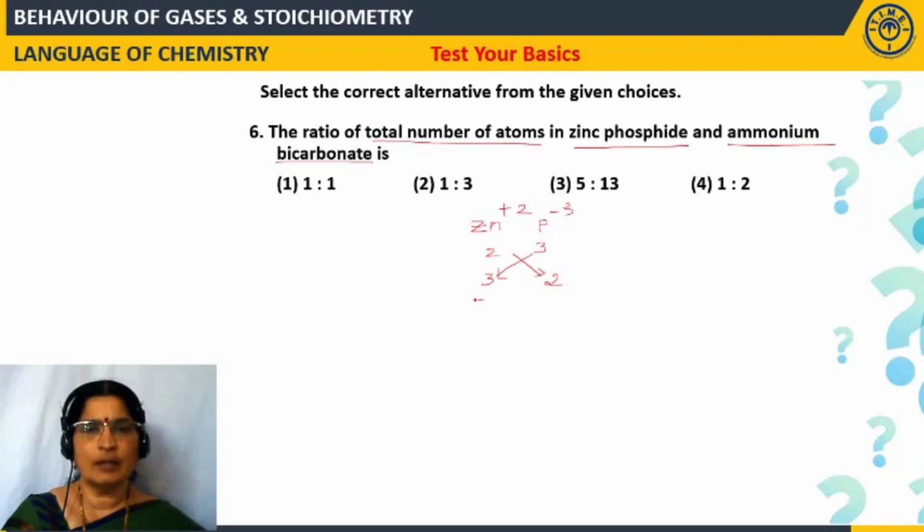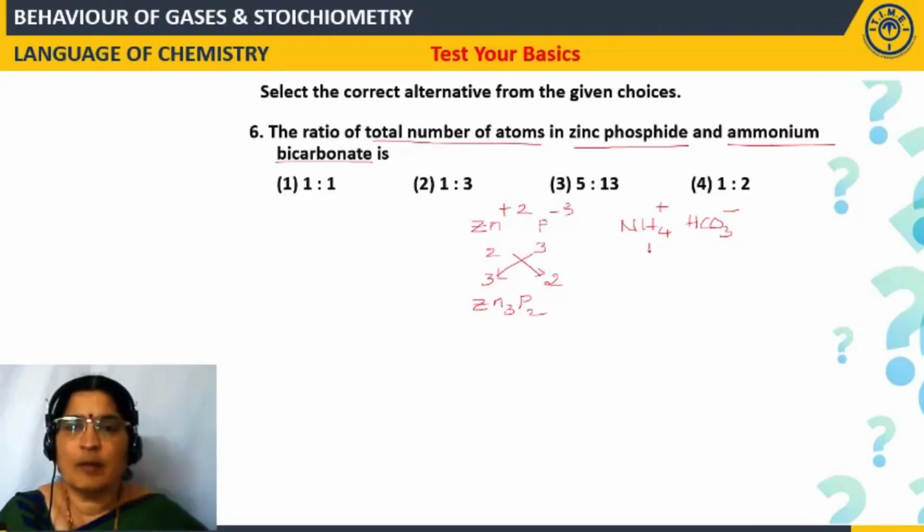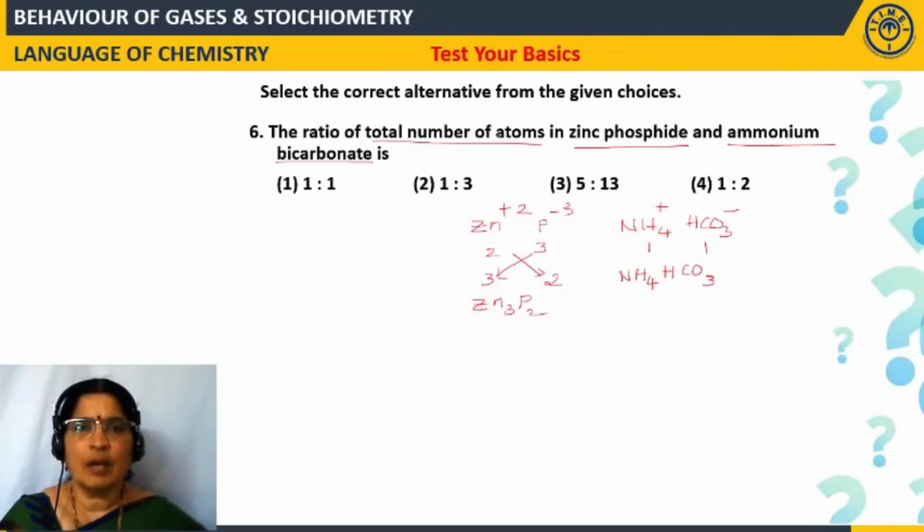So the formula is Zn3P2. Fine. Now let us see ammonium bicarbonate. NH4 plus and HCO3 minus. Both have valency 1. Therefore, if we crisscross also, we get the same valency. The formula is NH4HCO3. Right? So, the number of atoms in zinc phosphide and ammonium bicarbonate.